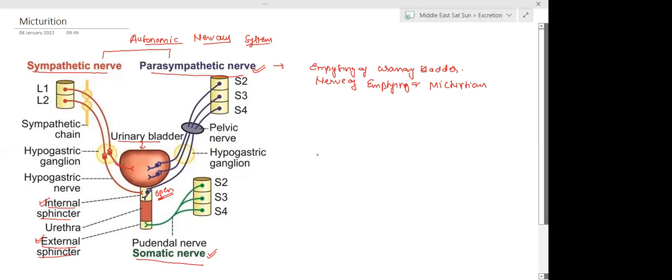Next, the somatic nerve maintains the contraction of the external sphincter.